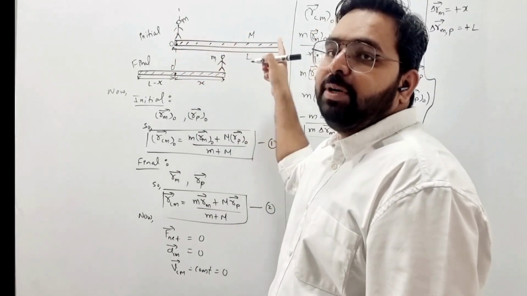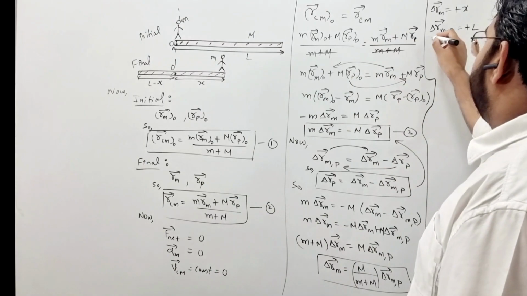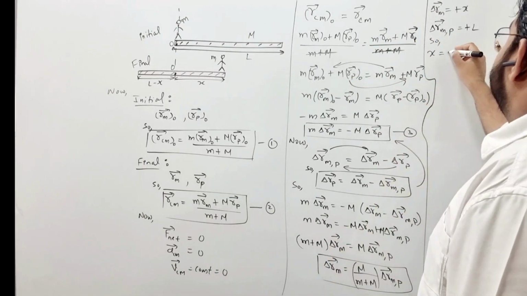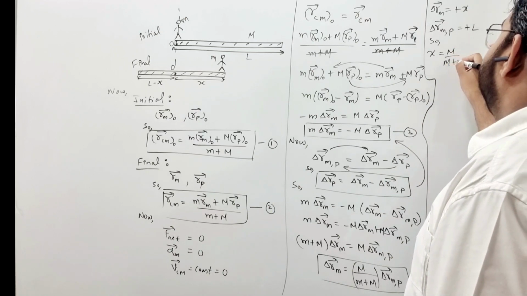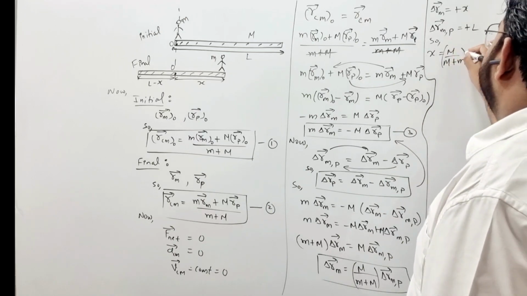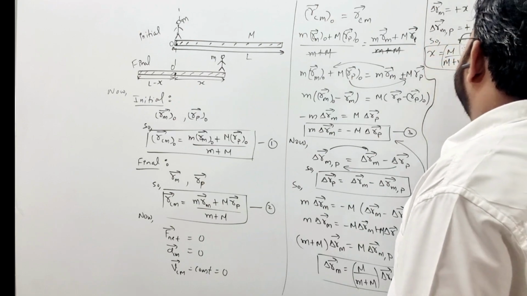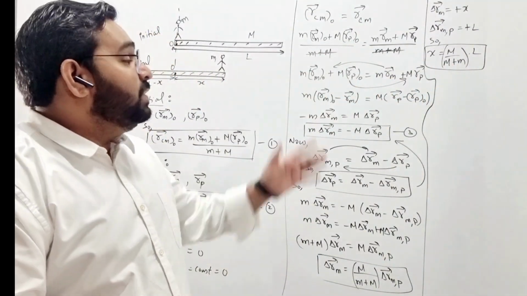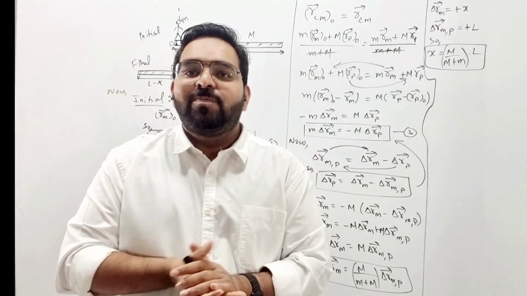The displacement is capital L. So if you replace these values over here, we will get x as M by M plus m into L. So this would be the displacement of the person with respect to the ground. I hope this was useful for you.